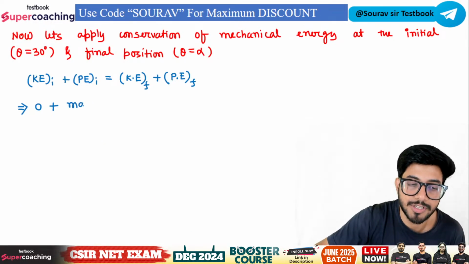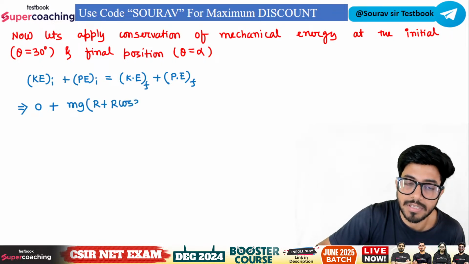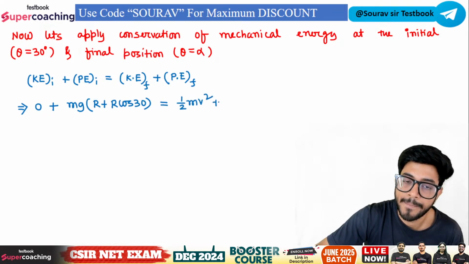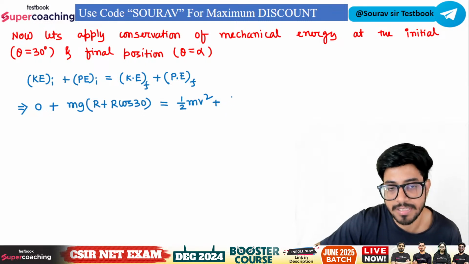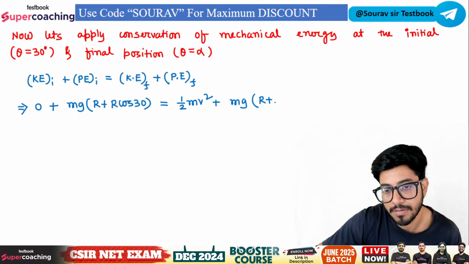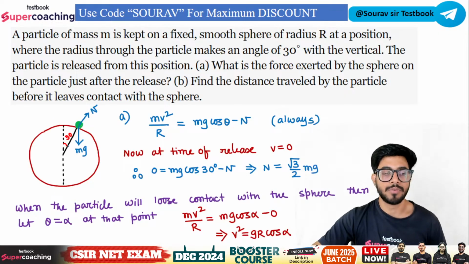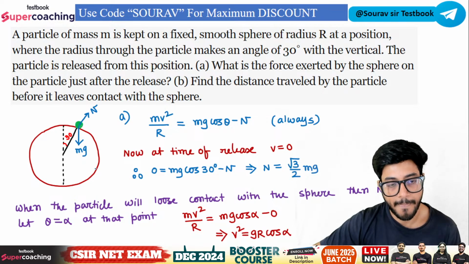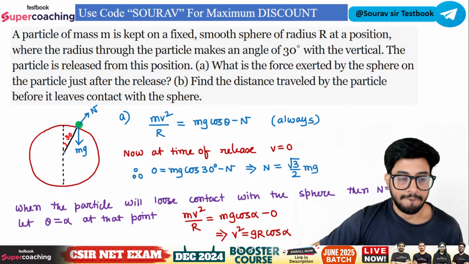So mg(r + r cos 30) should be equal to the final kinetic energy, half mv square, plus mg(r + r cos alpha), where alpha is the point where it loses contact.